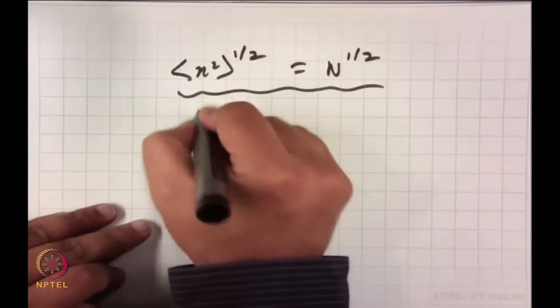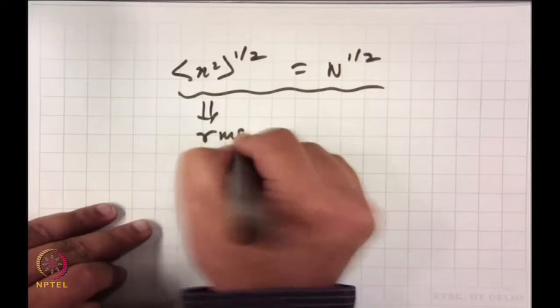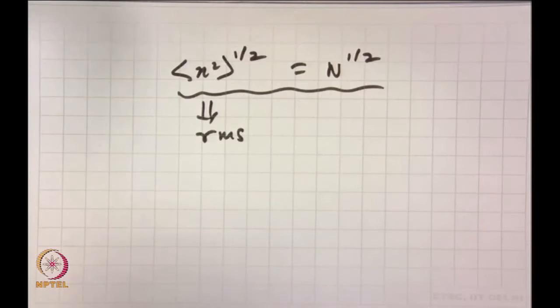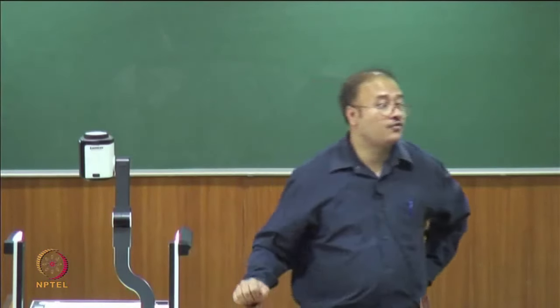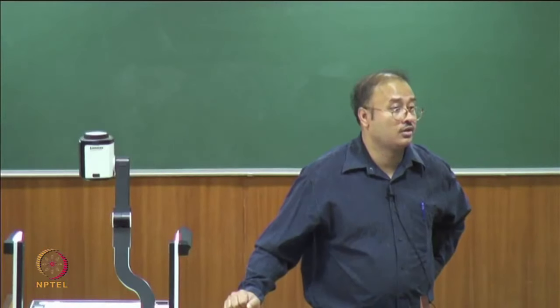So, this is the RMS, the root mean square displacement, that is equal to the square root of the number of steps you are taking. Again, this is a typical characteristic of a random walk problem.